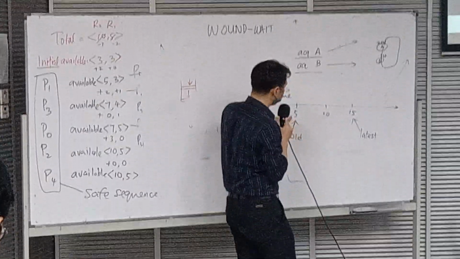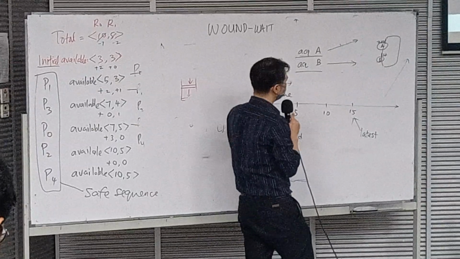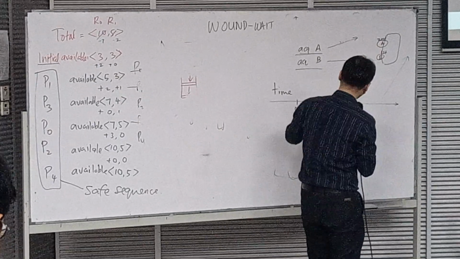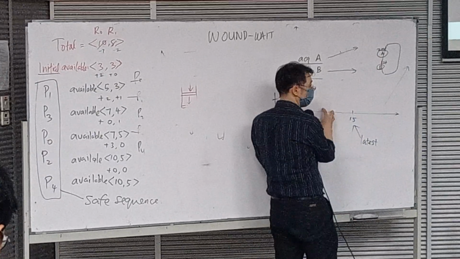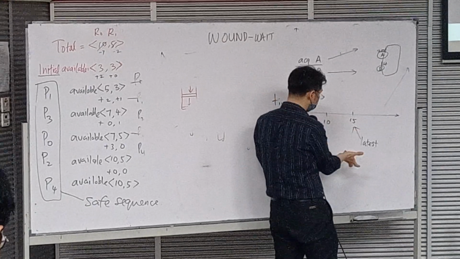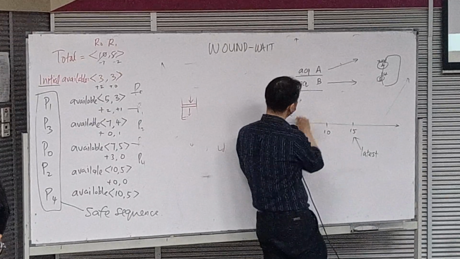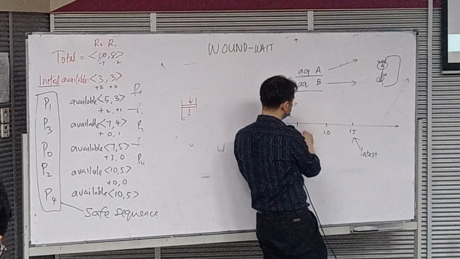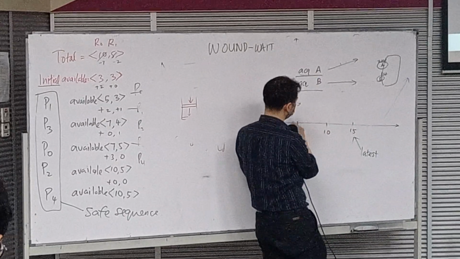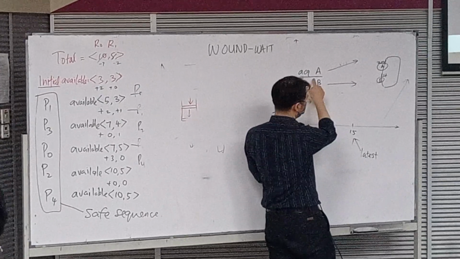It happens before, so the timestamp is before. It's 5. So when you receive it, it knows that this guy shouldn't use it, this guy should use it. So he has to kill this one, roll back, and pass it to this process to run. So this process is running because it actually acquired first.